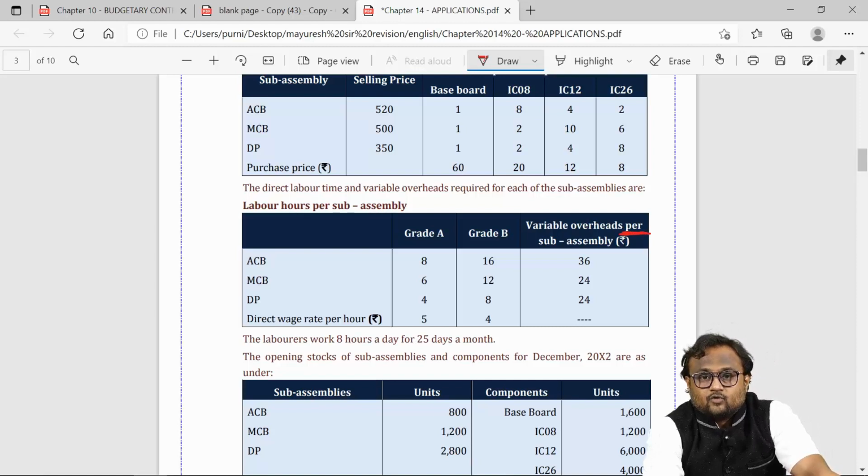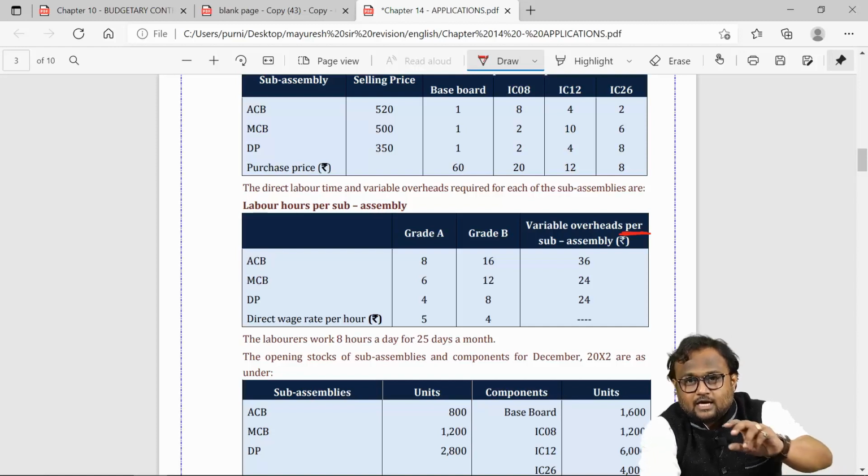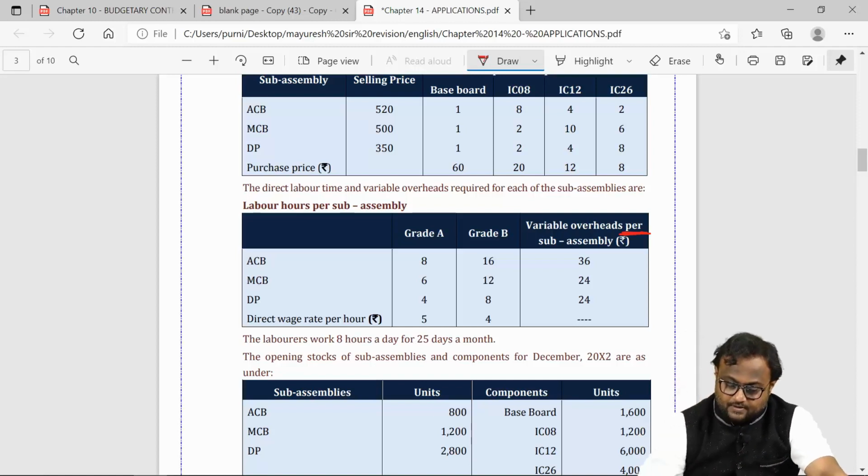Once you have labor cost, you can go for variable overhead per sub-assembly. Per sub-assembly means per unit, so this is a direct figure available. You can directly pick it up and write it down in the solution.